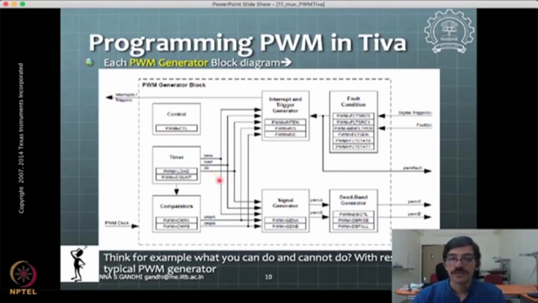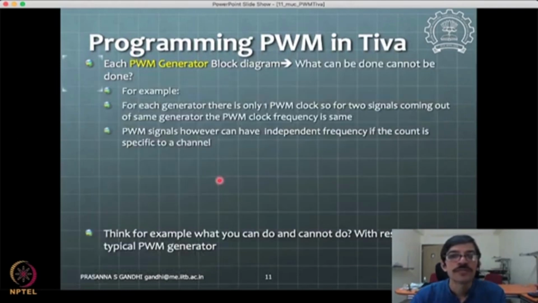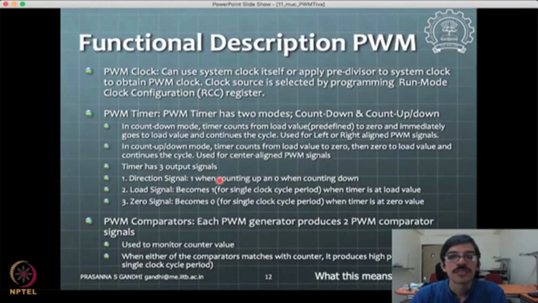So like that you can look at the diagrams with respect to the description that is given. Let us now get into a little more of the meaning of some of these things in terms of how things happen inside the timer. This is the functional description for different blocks. Now we are going through details.